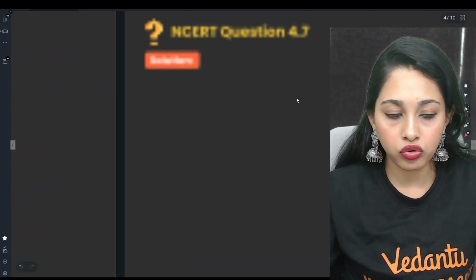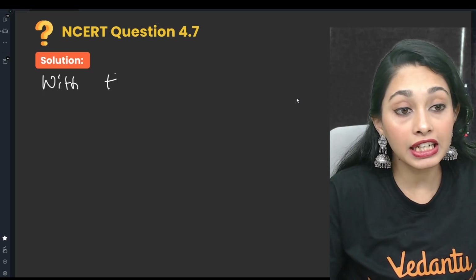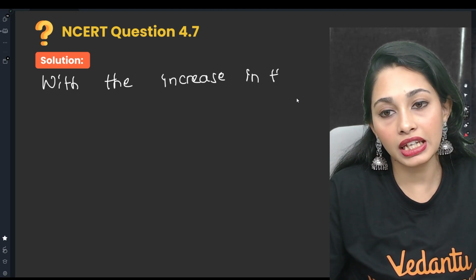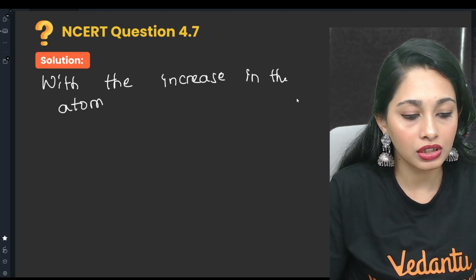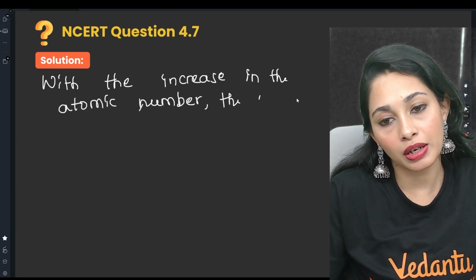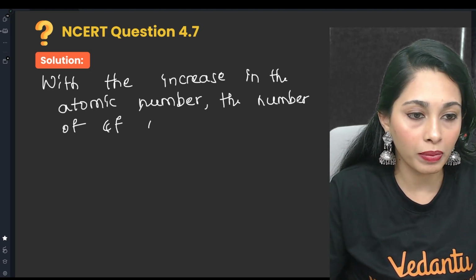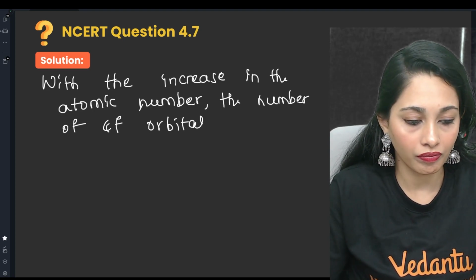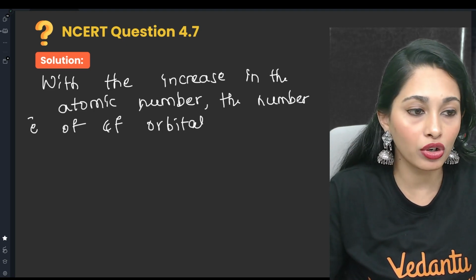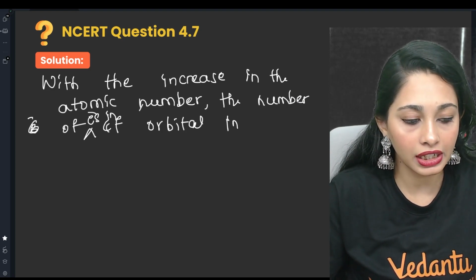Alright. So moving forward, with the increase in the atomic number, the number of electrons in the 4f orbital increases.